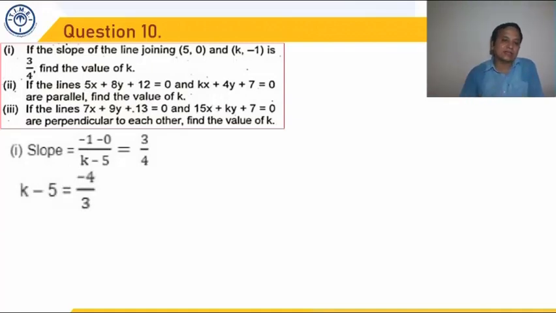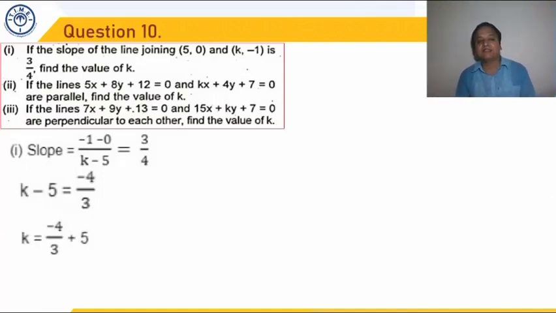We take 5 to the right hand side, it adds up. It comes out to be k is equal to minus 4 by 3 plus 5, minus 4 plus 15, that comes out to be 11 by 3. So if the line joining these points has slope 3 by 4, we use the formula for slope, equate it to 3 by 4, and we get the value of k.